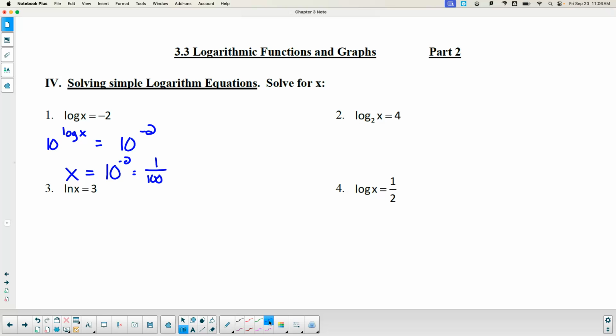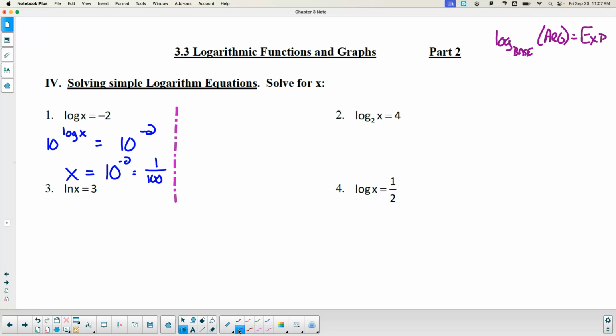Okay? The other method that we have is you have to memorize the fact that log base b of the argument equals the exponent.